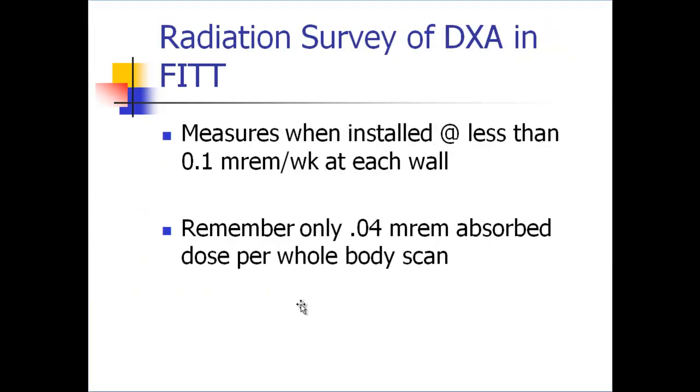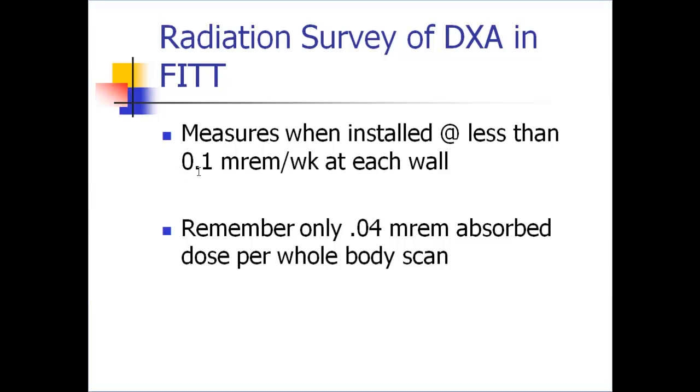So the radiation survey of the DXA and FIT is done by hanging detectors at each of the 4 walls while the DXA system is running. And what's been measured at those detectors has been less than 0.1 millirems per week. Now I've changed to an absolute absorbed dose instead of using the gray or the sievert here, because that's the unit the detectors are in.